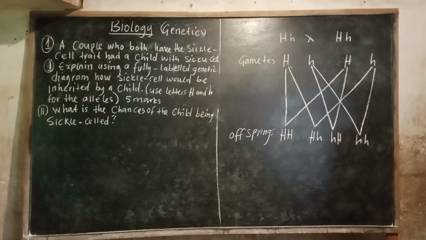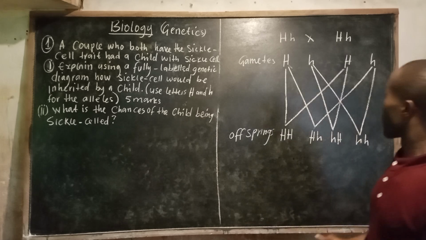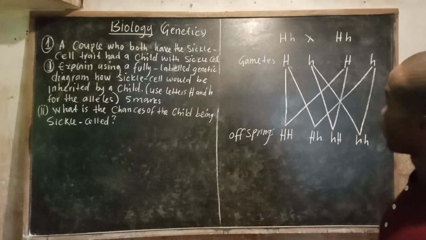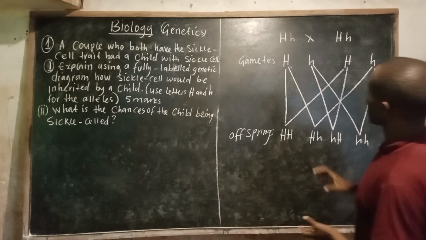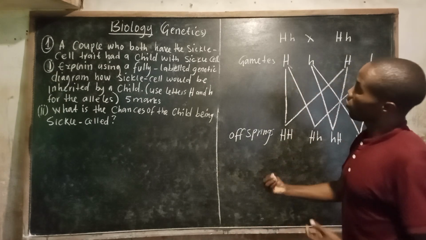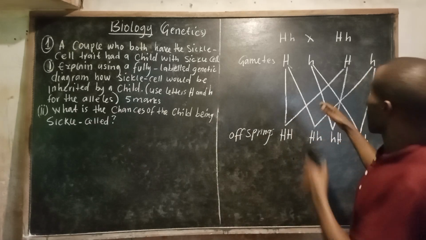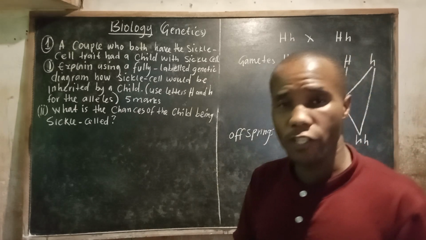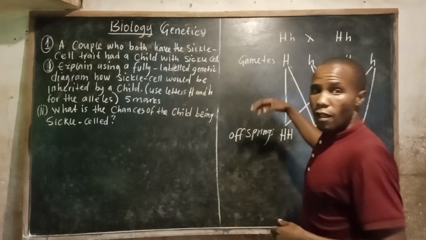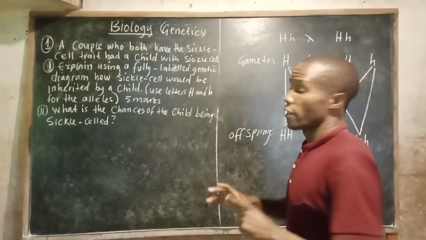Now there is something that I want to say on this genetic diagram that you have drawn. Looking at these two parents with the sickle cell trait, the small letter h represents the sickle cell, and the big H is the normal.